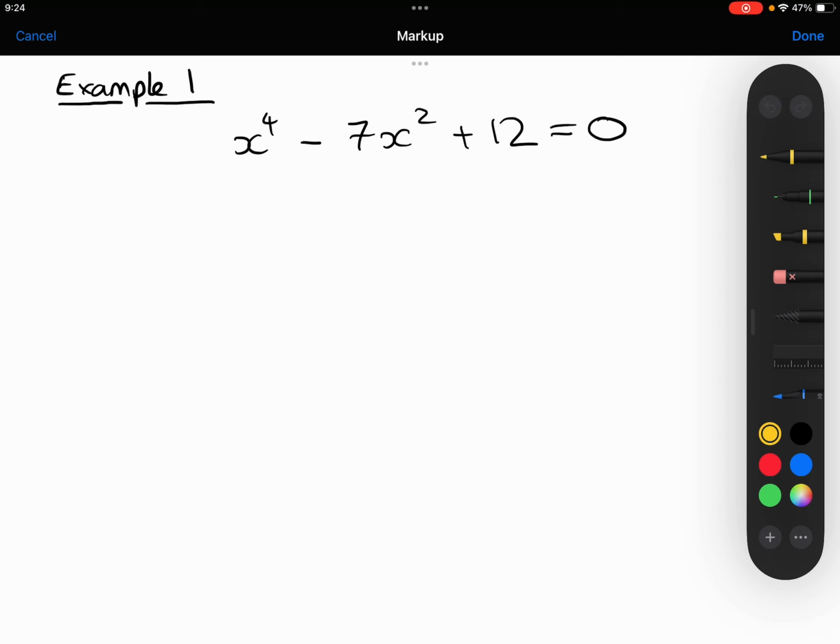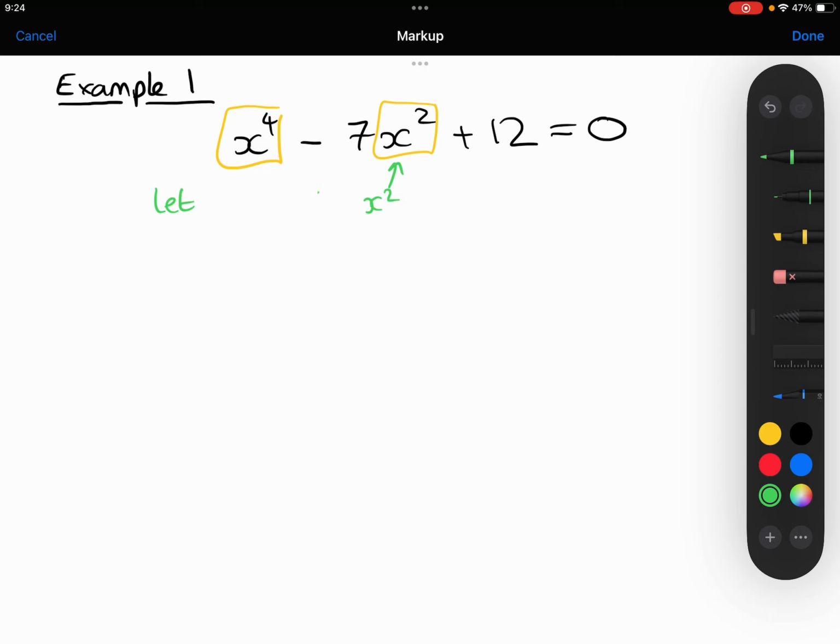So example 1, I notice that this term is this term squared, so I know I can solve this by making a substitution. I'm going to substitute the x squared for a different value.